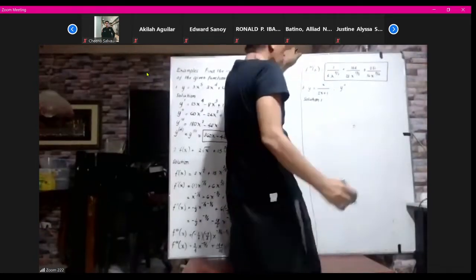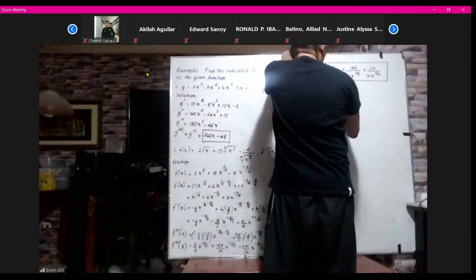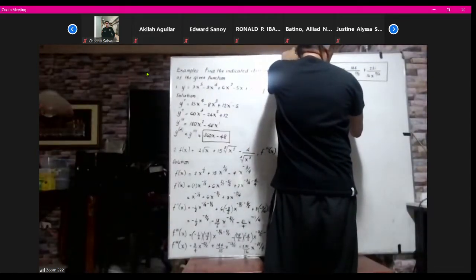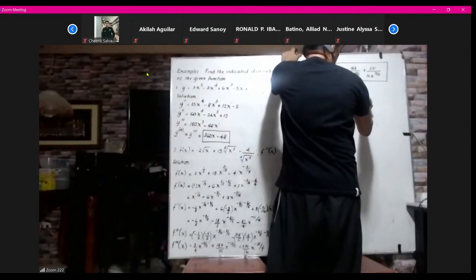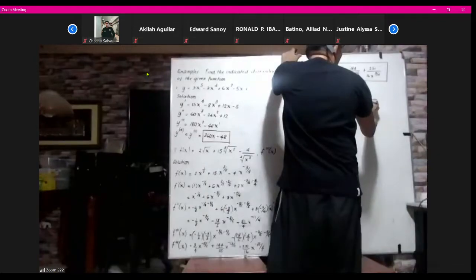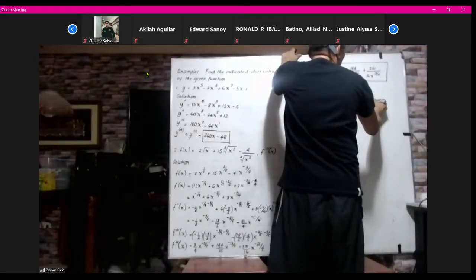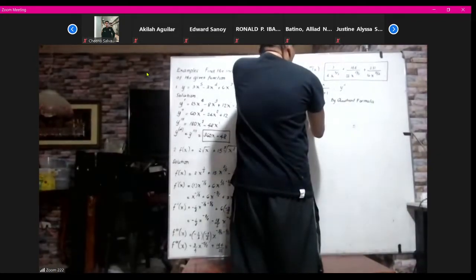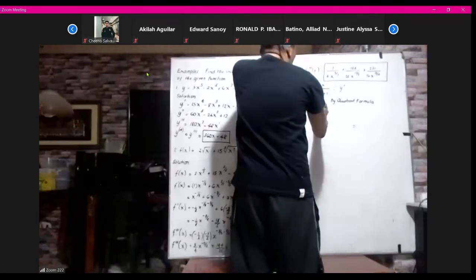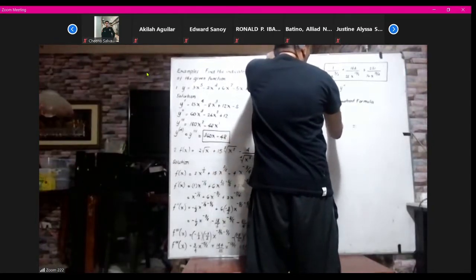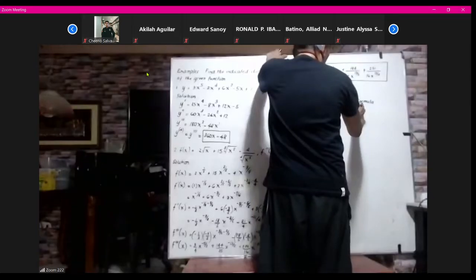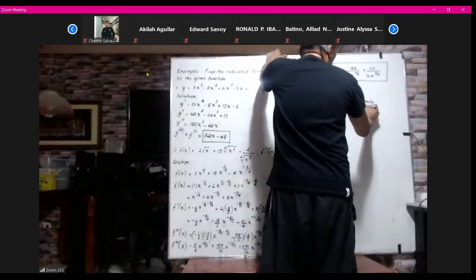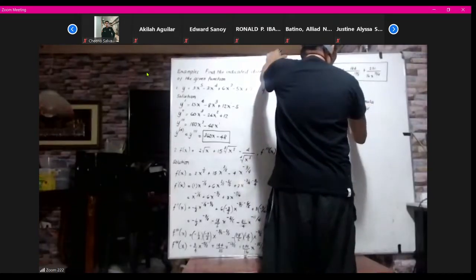Okay, by quotient formula. Okay, recall natin derivative of u all over v. That is equal to v derivatives of u minus u derivatives of v all over v squared.